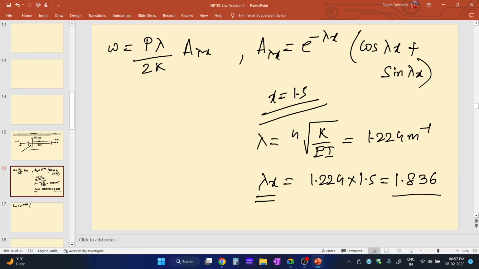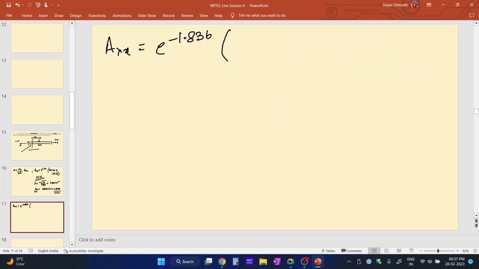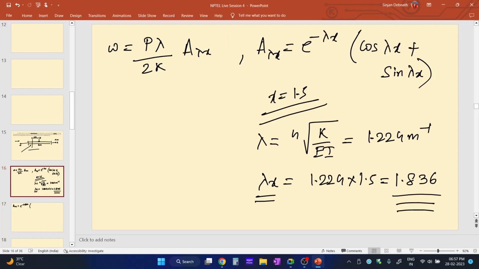So that means e to the power minus 1.836. For the cosine and sine terms, we need to convert lambda x into degrees, that is lambda x into 180 degrees by pi.